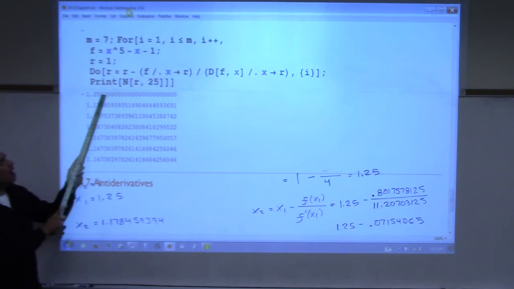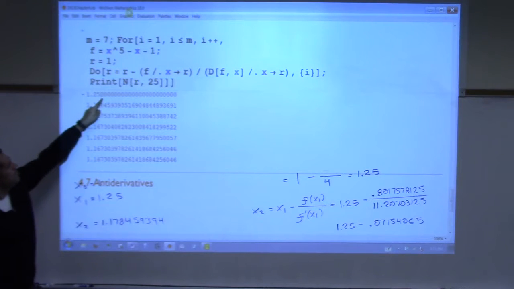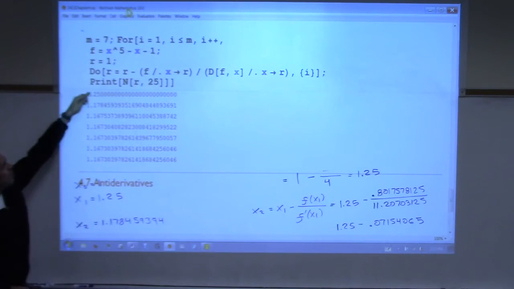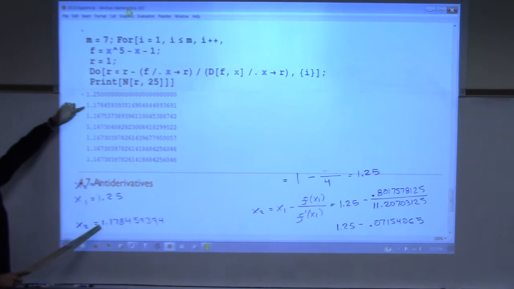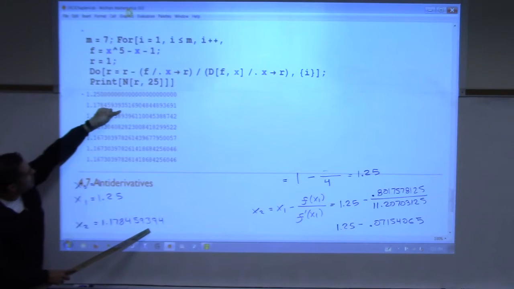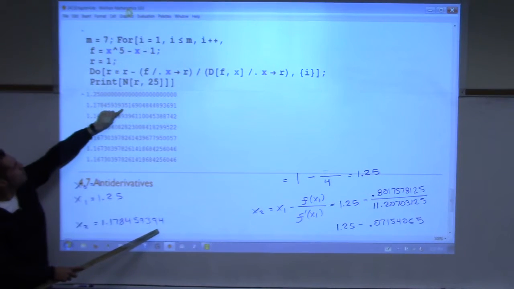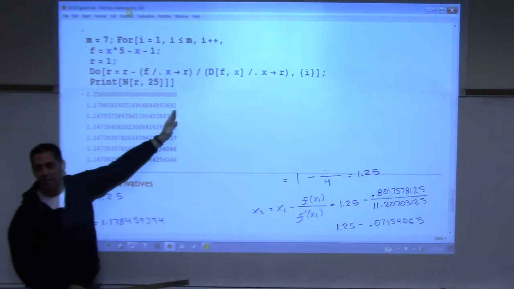I have it writing it out to the first 25 digits of precision. So 1.2500000. The next one, when we ran the algorithm one time, we got what? 1.17845939, and then here I rounded it to 4, but up here it's 351, all the way out, right?